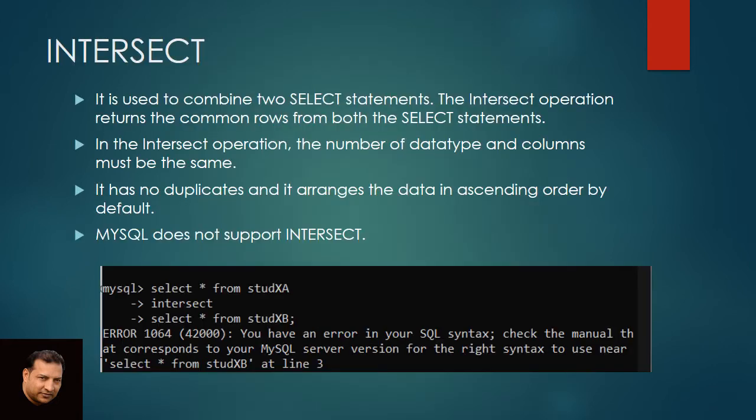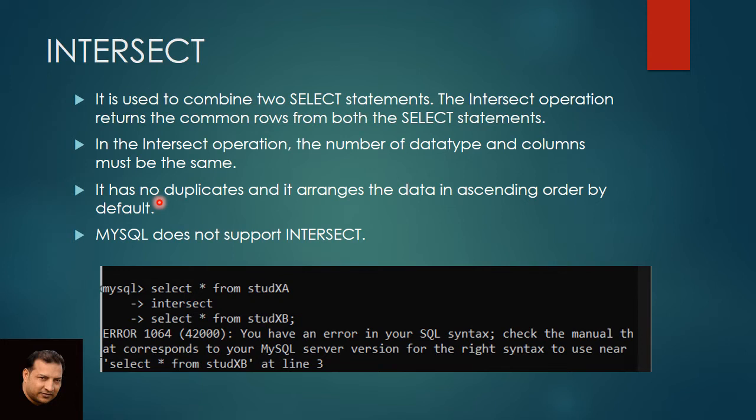Now next topic is intersect. Intersection means common. It is used to combine two select statements. The intersect operation returns the common rows from both the select statements. The number of columns and data type must be same. It has no duplicates, and it arranges the data in ascending order by default.